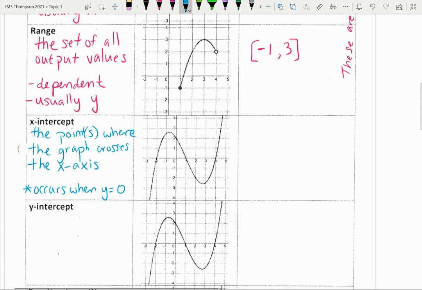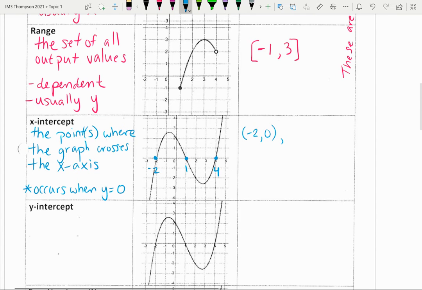So points where the graph crosses the x-axis: here, here, and here. Points are just coordinates. So for this first coordinate on the left-hand side, the x value is -2, the y value is 0 because I go up or down 0. So this is -2, comma, 0.